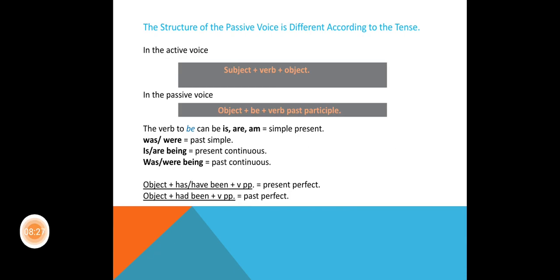Full stop. Okay, the second sentence. Woodrow Wilson had proposed 14 points. So in the past perfect passive, 14 points had been proposed by Woodrow Wilson, the American president.